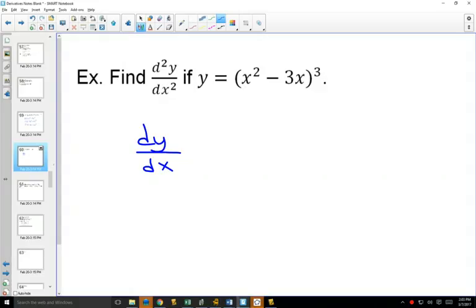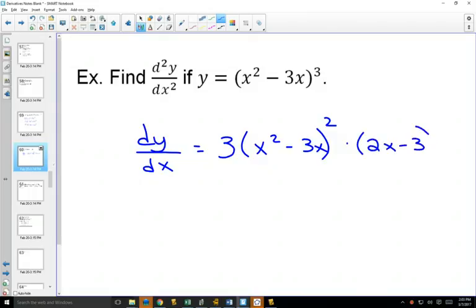If we do the derivative of something cubed, the 3 would come out in front. You keep the inside the same, subtract 1 from the exponent, and then multiply by the derivative of the function that was inside. The inside function was x squared minus 3x. Its derivative would be 2x minus 3. That's our first derivative.